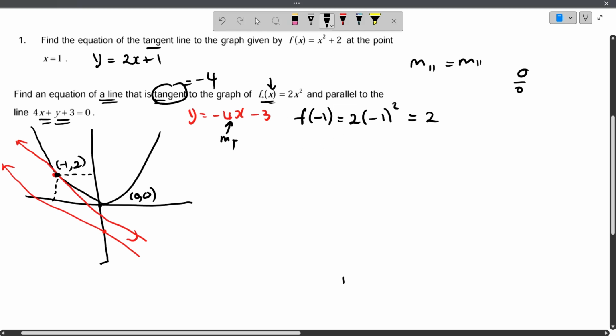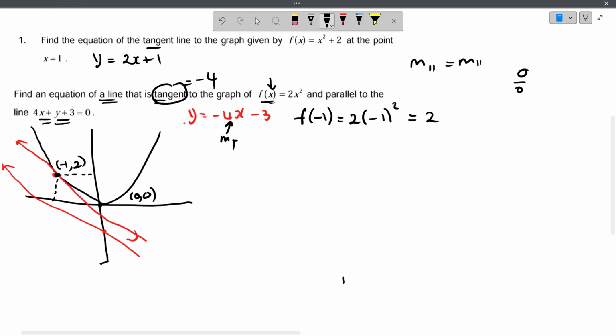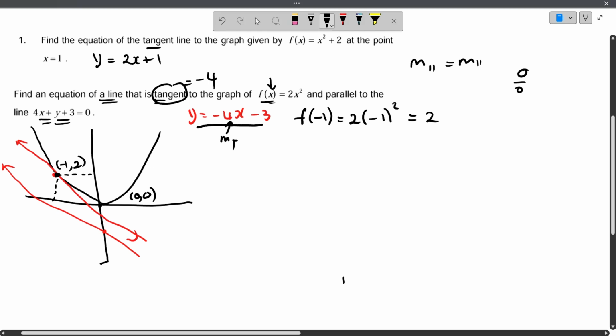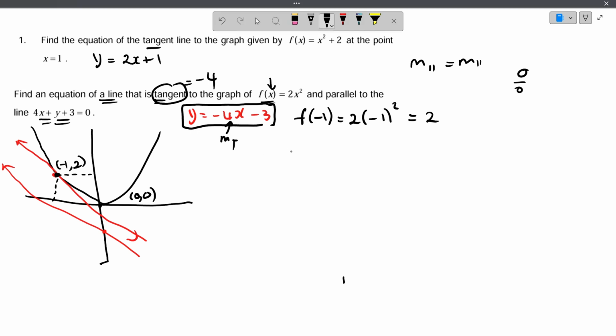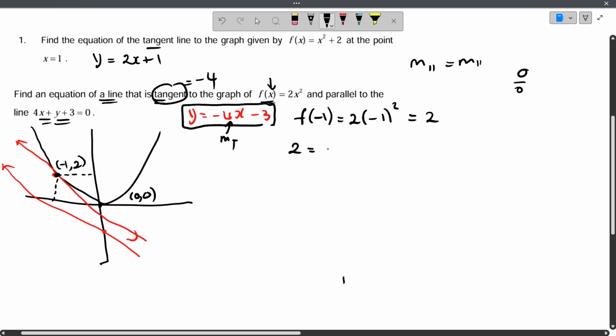So now that I have that, I can substitute it back into this equation here to find the equation of the line, right? So I have my y is 2, and then -4 times -1, x is -1, and then plus c. So how do I find c?